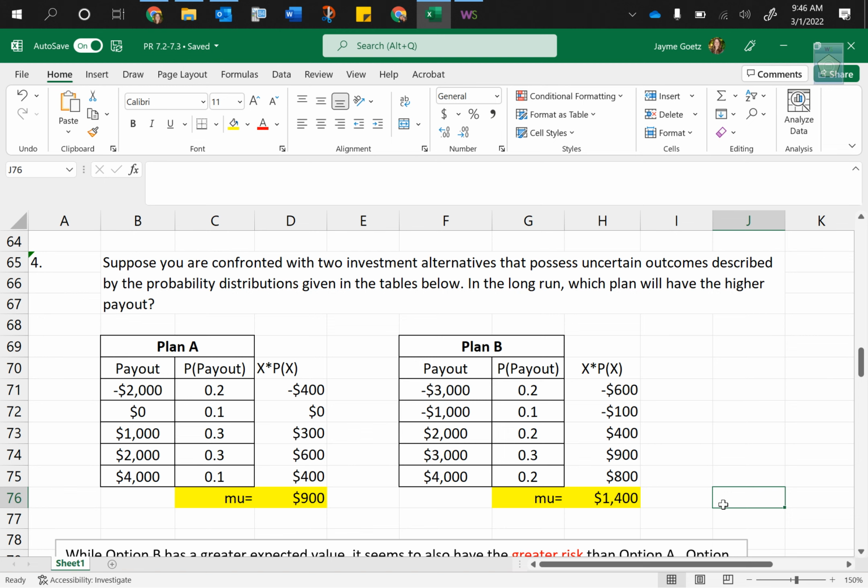In the long run, how much does plan B pay out? $1,400. Okay? So what we've done is we just found the expected value for each plan.